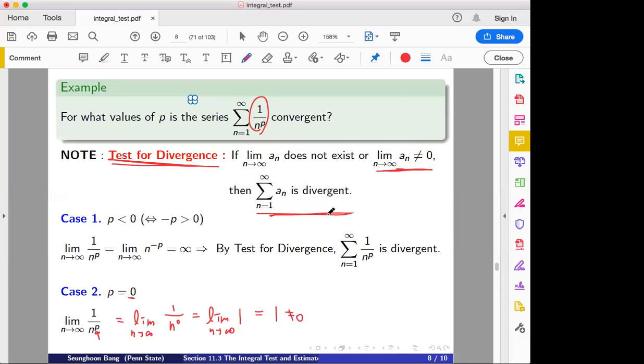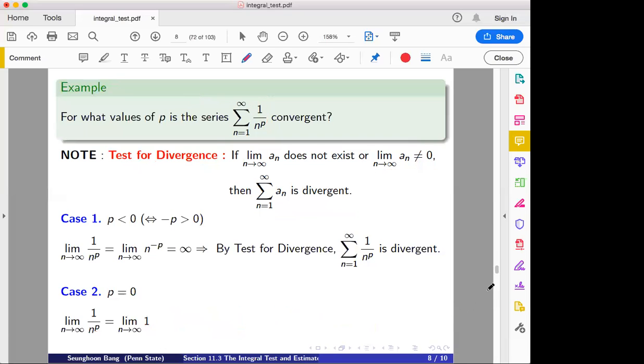The conclusion is the summation is divergent. So the summation from n equal to 1 to infinity of 1 over n to the p is divergent. That's the whole idea.